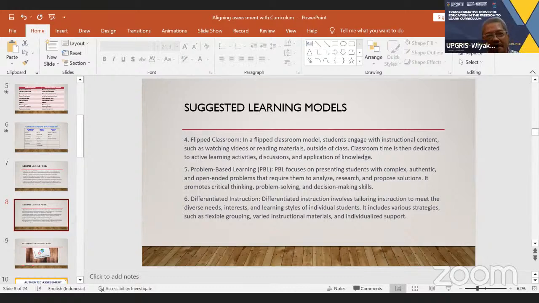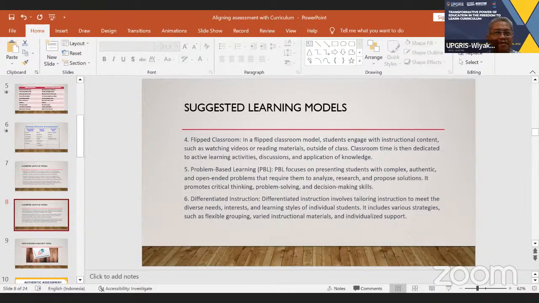We invert the activities. We come to the class not by presenting the materials, but by checking what the students have learned prior to the present meeting. This is in the flipped classroom.